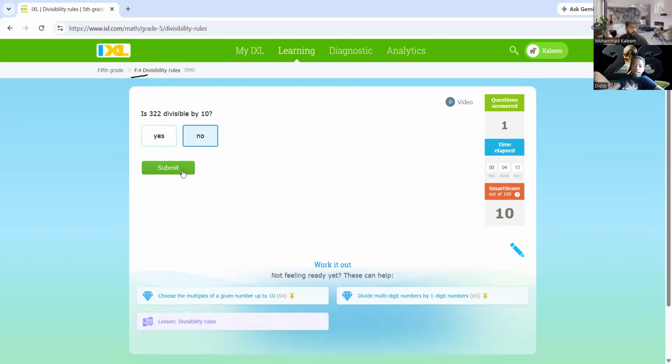Because for it to be divisible by 10, it needs to have a zero at the back. If the last digit is 0, then it will be divisible by 10. Otherwise, it's not. That's the right answer. Submit it.